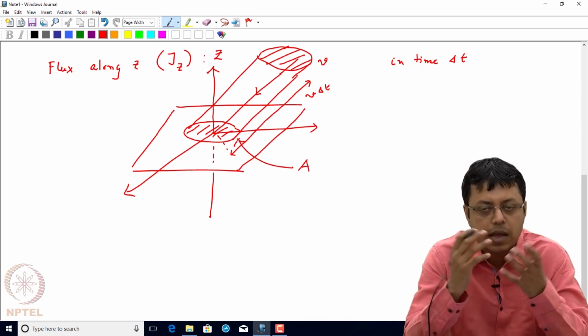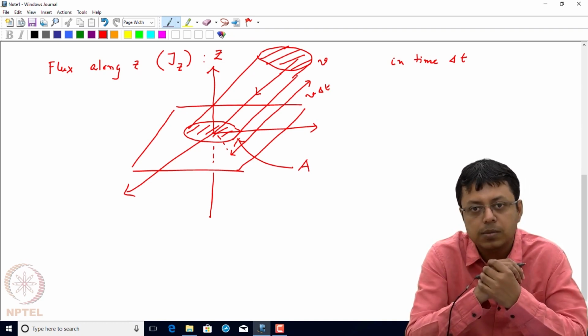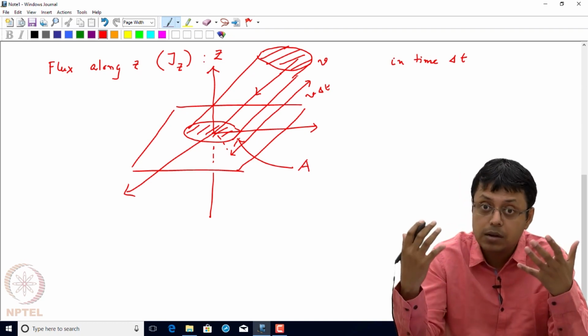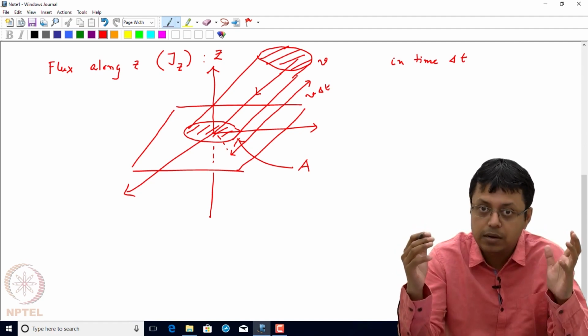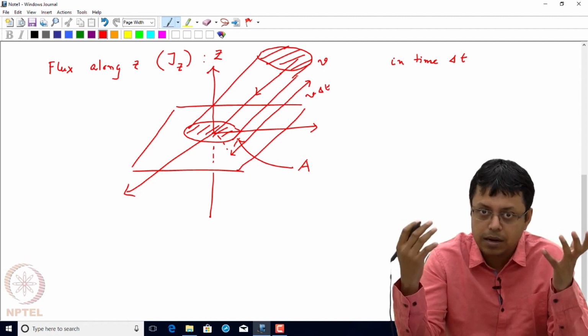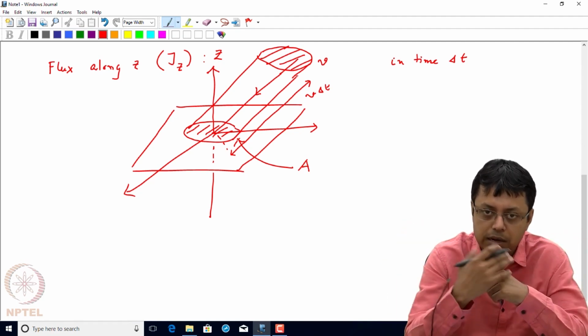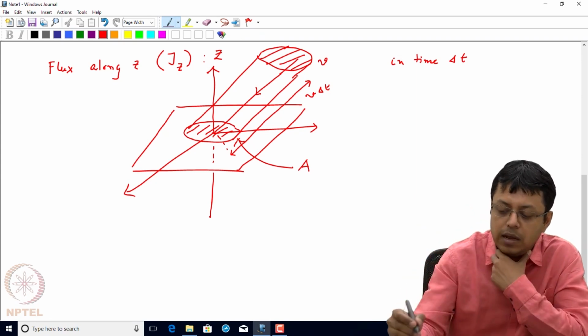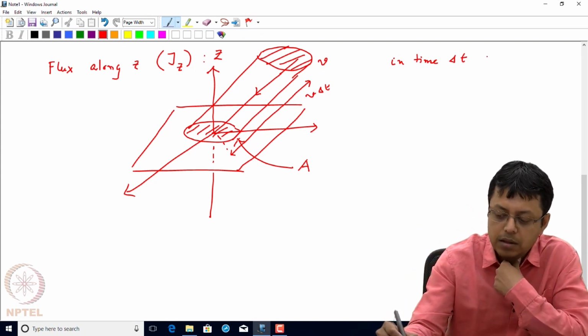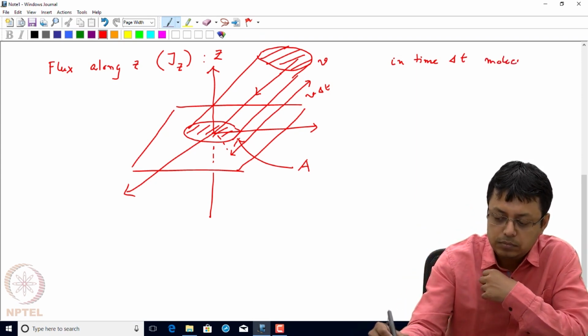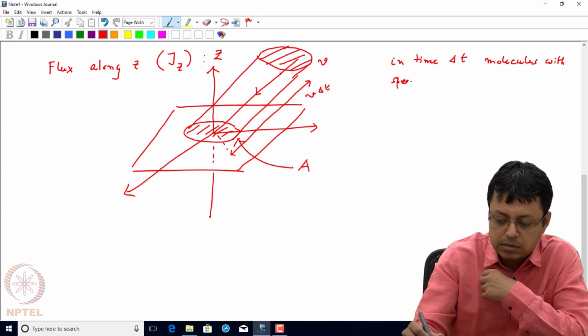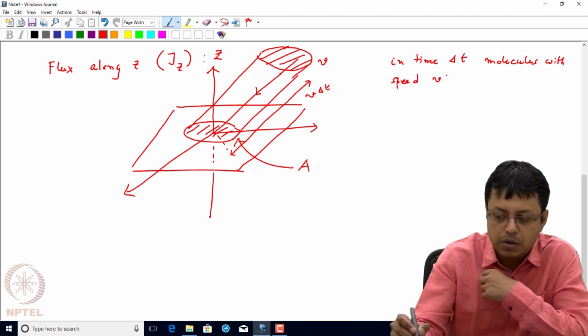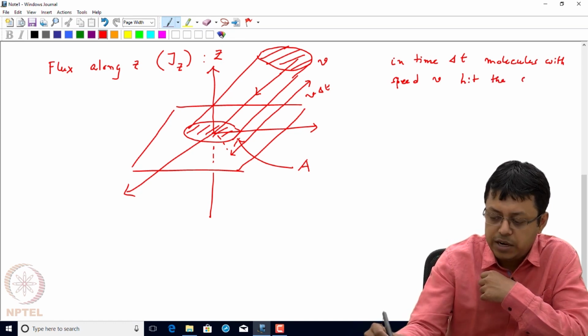So then I can also calculate the total number of molecules, because I have to calculate the total number of molecules passing through this area per unit time. Again, we will divide by the area to get the per unit area concept. So in time delta t, molecules with speed v hit the shaded area.